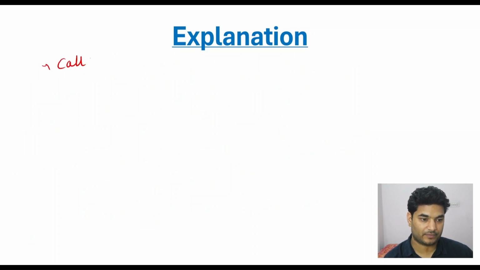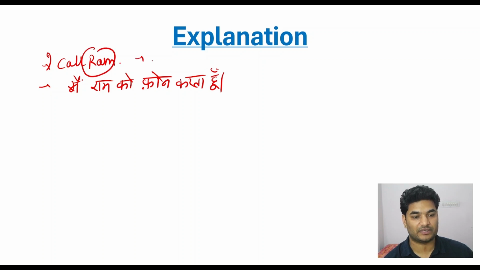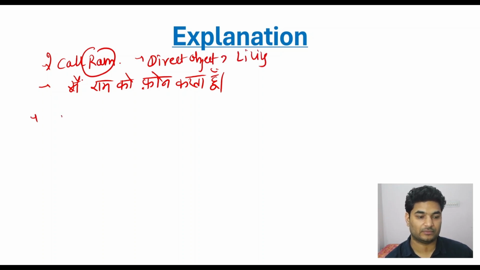Call him or call Ram, for example. I call Ram. मैं राम को फोन करता हूँ. Here, Ram is direct object and living. मैं राम को फोन करता हूँ.